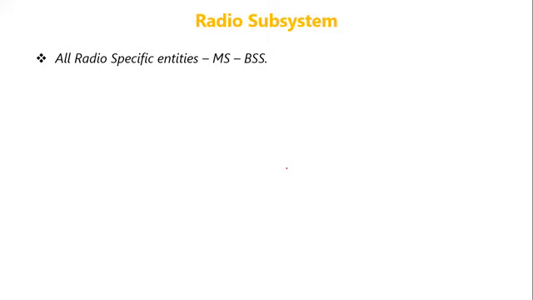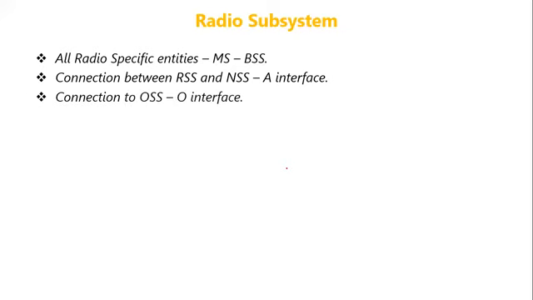As we have already discussed, the RSS and NSS, that is, the radio subsystem and the network and switching subsystem, are connected through an interface, and that interface is called the A interface.